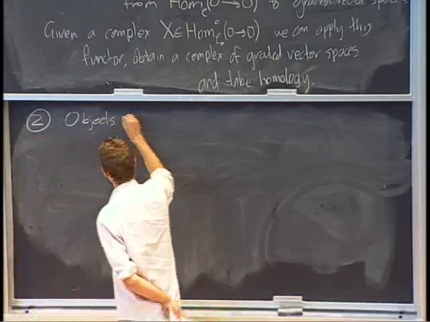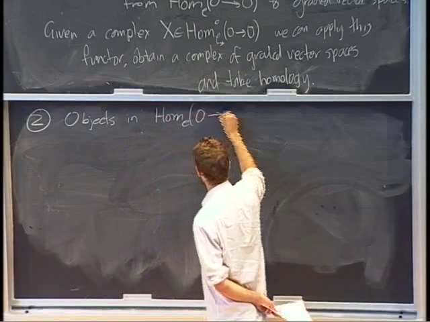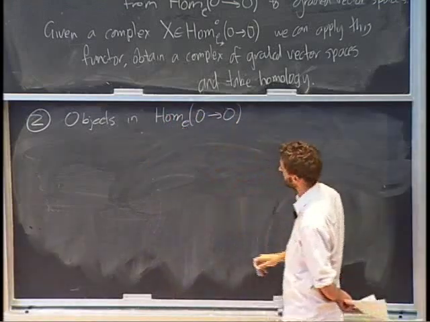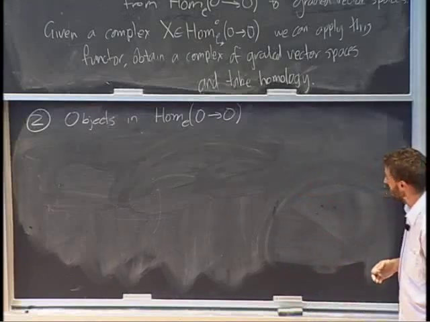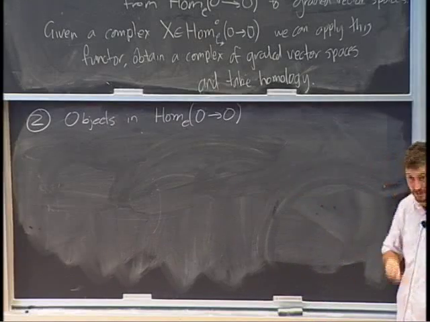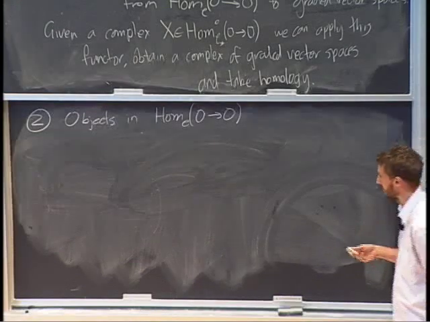So what are the objects in just Hom C, not Hom C star? Well, these are just temporally Lieb diagrams, but with no boundary point. So they're just some collection of circles. And we know that a circle is isomorphic to direct sums of copies of the empty diagram.